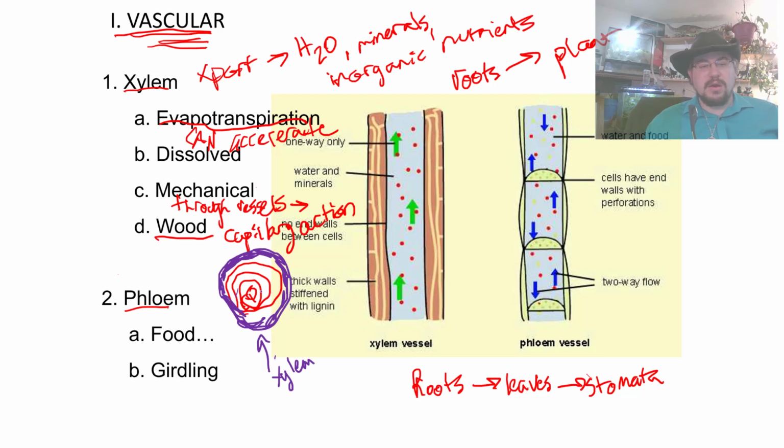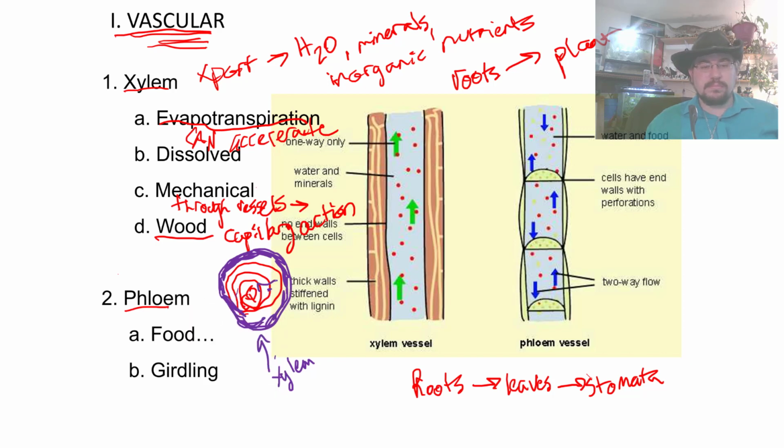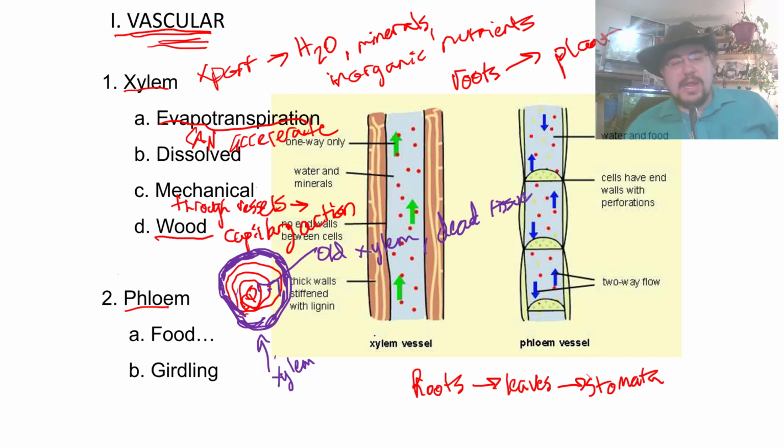And so these rings here represent old xylem. That's made up of dead tissue, filled with lignin.